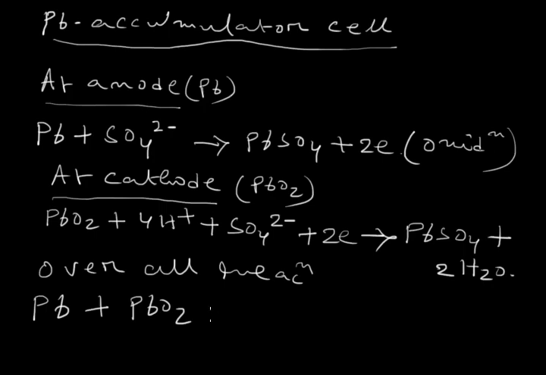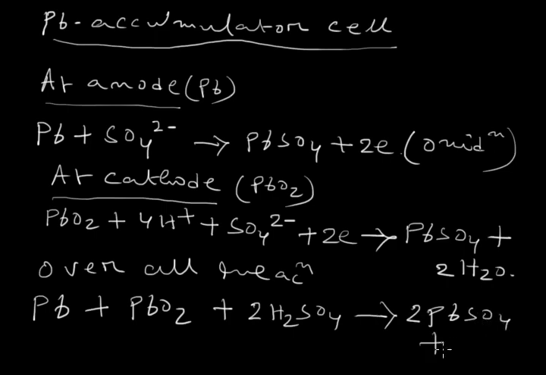Pb plus PbO2 plus 2H2SO4, since there are 2 sulfate radicals and 4 H+ ions, so we write 2H2SO4, gives 2PbSO4 and 2 molecules of water. This is for discharging, that is, the chemical reaction takes place which gives electrical energy.